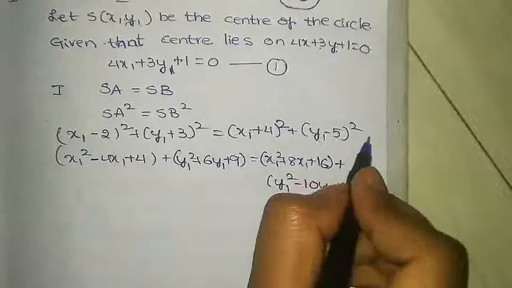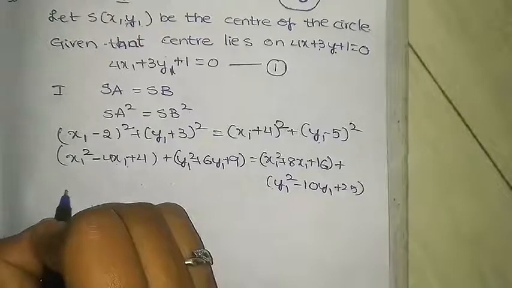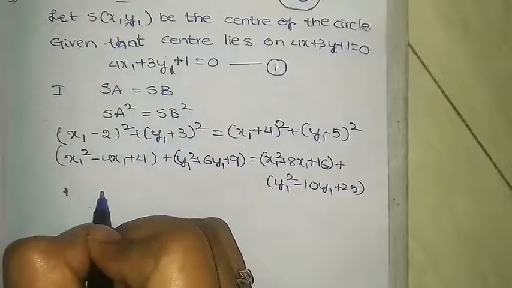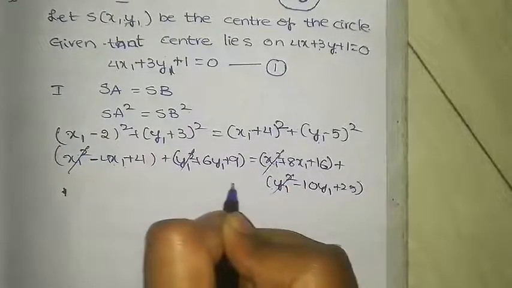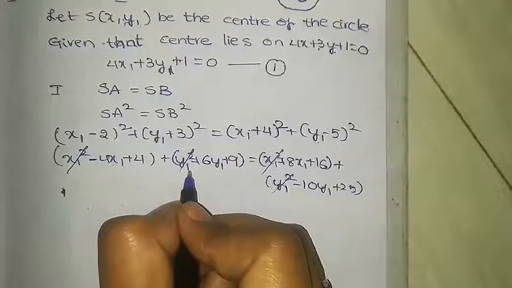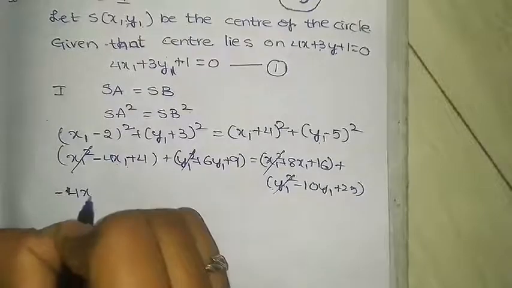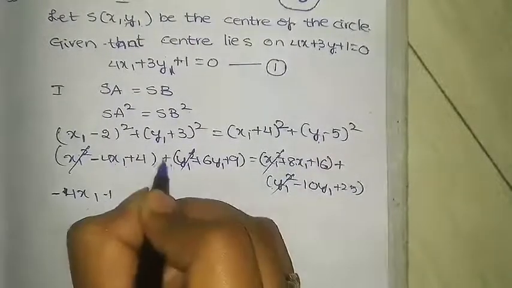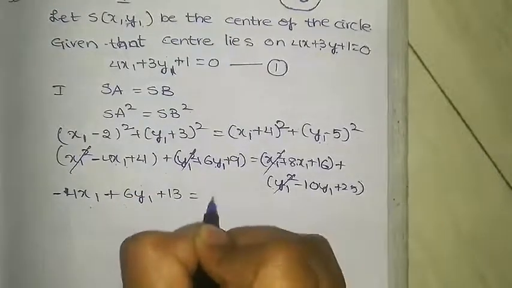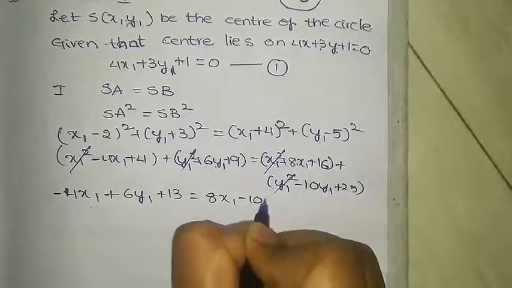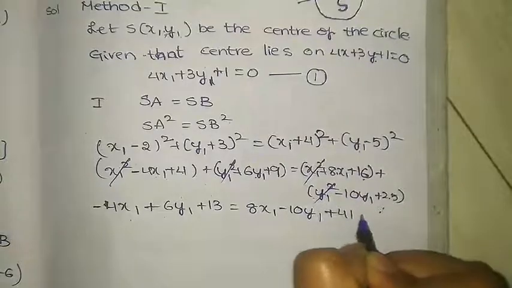Now cancelling common terms, x1 square cancels, y1 square cancels. What do we have? So minus 4x1 plus 6y1, 9 plus 4 is 13, is equal to 8x1 plus 10y1, 25 plus 16 is 41.